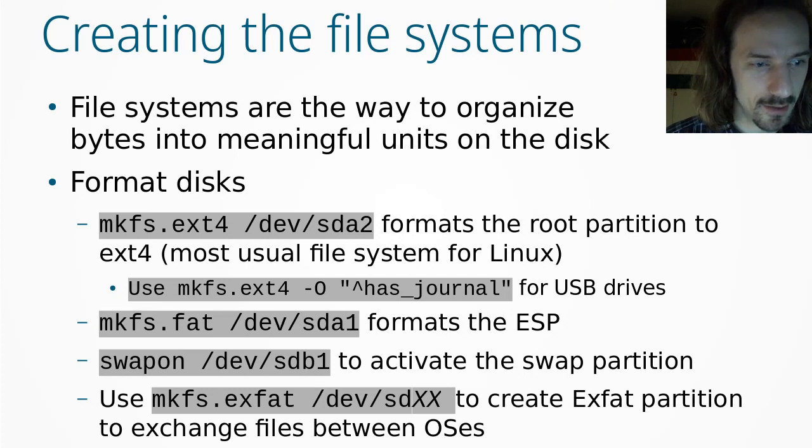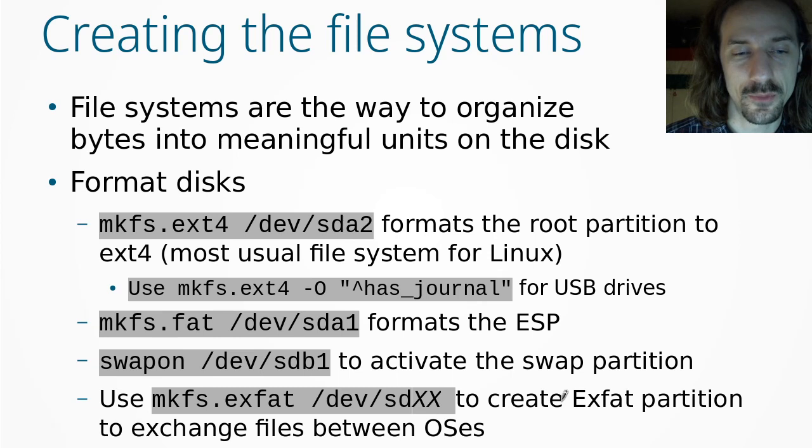If you are creating a USB drive, then you can create an exFAT partition, or maybe you have a system where you dual boot and you use Linux and Windows, or Linux and macOS, and you want to have a partition where you can put data files that can be read by all operating systems. exFAT is usually the best choice for that, because exFAT allows you to have extra large files, and all operating systems can handle it properly.